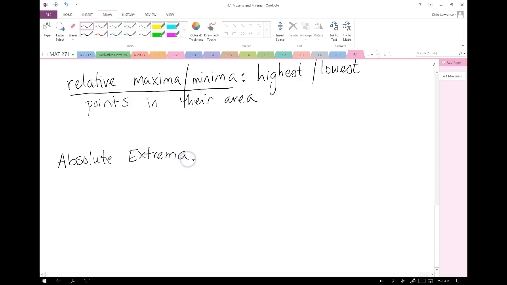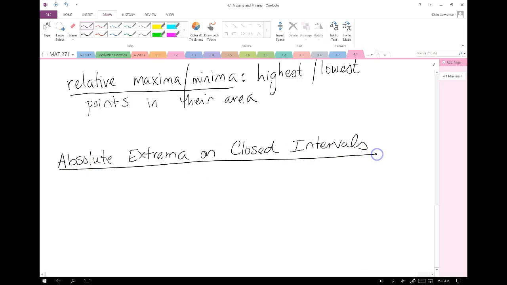So there is a theorem that guarantees us that if we are working with a continuous function on a closed interval, then we will always have an absolute maximum and an absolute minimum. So continuous functions.